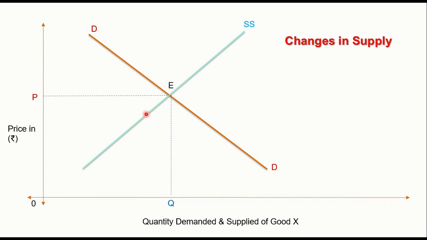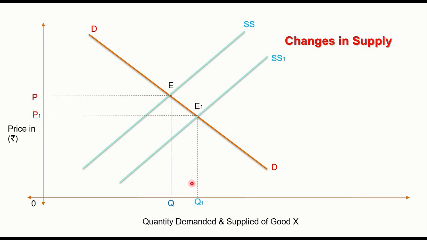In this diagram, the original equilibrium is at point E where the equilibrium price is OP and quantity is OQ. When supply increases, the supply curve shifts to the right and the new supply curve becomes S1S1. The new supply curve intersects the original demand curve at a point E1 where the market equilibrium takes place. At the new equilibrium, the price changes from OP to OP1 and the equilibrium quantity changes from OQ to OQ1.